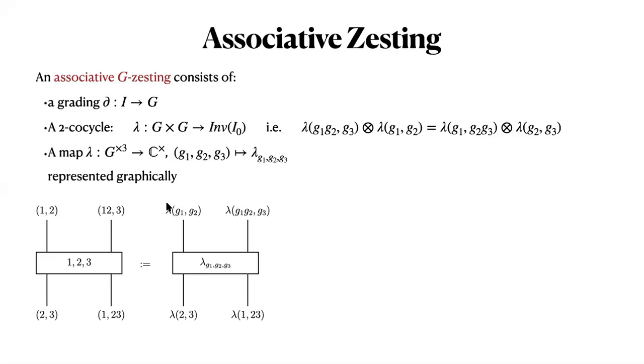It's a morphism from the tensor product of the 2 cocycles, so from this to here, it should be lambda of G2, G3, lambda of G1, G2, G3.